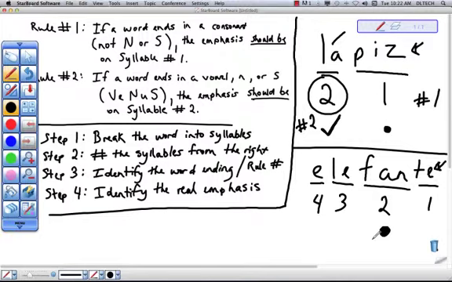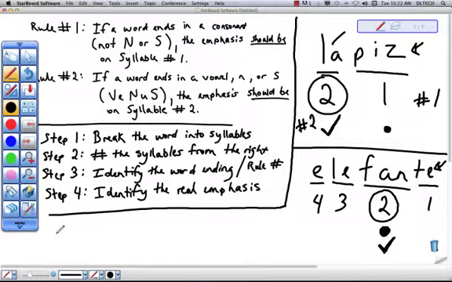The accent is on number 2, right here. So, since the syllable number emphasis matches the rule number emphasis, 2 and 2, you don't need an accent mark because it's not breaking the rules.